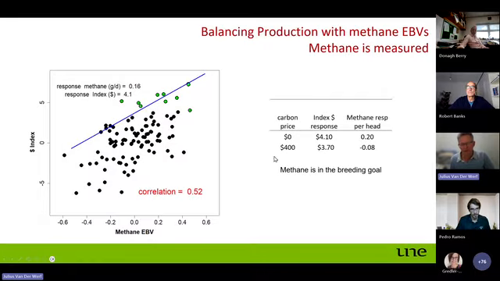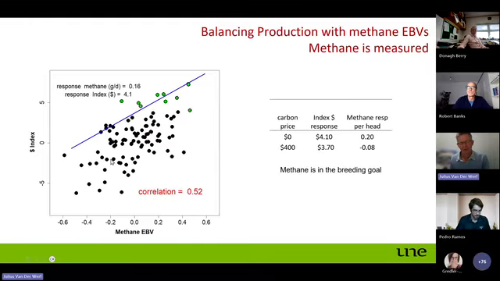So again, the balance that you find between selecting for index and selecting for methane depends on two things. First, what is the correlation between those two traits? That correlation is not just determined by the genetic correlation, but also by how much information you have for each of those traits.